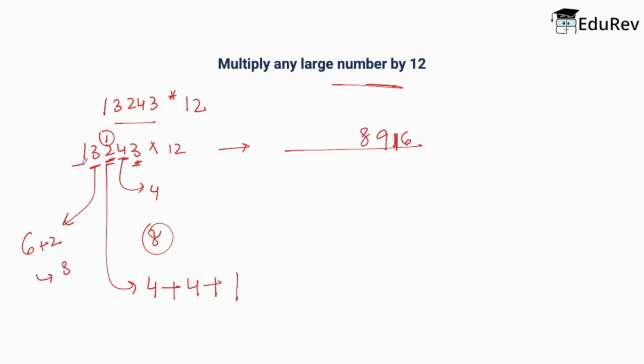And finally, 1 is there, so I need to double 1. So 1 is going to be what? That is 2, right? And I have to add it with its neighbor, that is 3. So it will be what? 5. Correct? So it's going to be 5. Now the last step is that we need to double 0, because after 1 we have nothing, right?